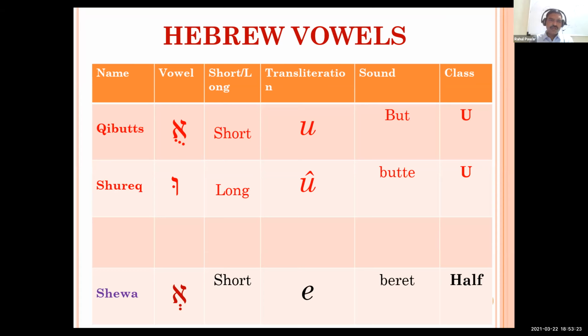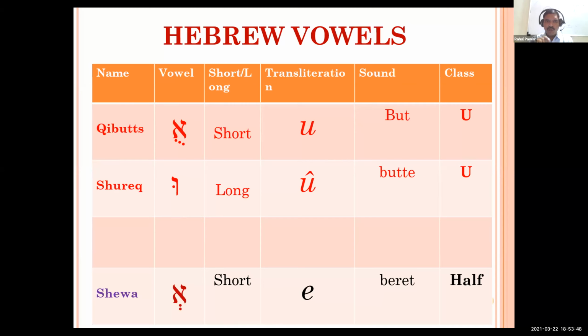Now, the second vowel is a shurek, and it also gives a U sound, but it is a long U sound. It also involves a consonant in the formation of the vowel. If you see wow, and in that body we have put a dot.